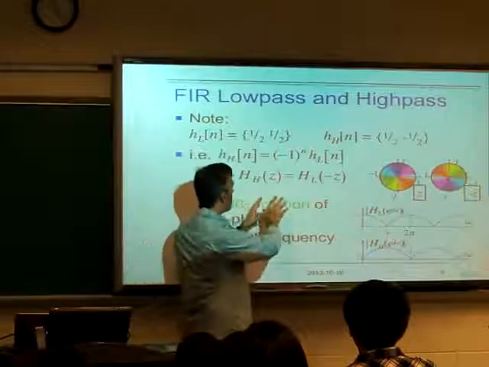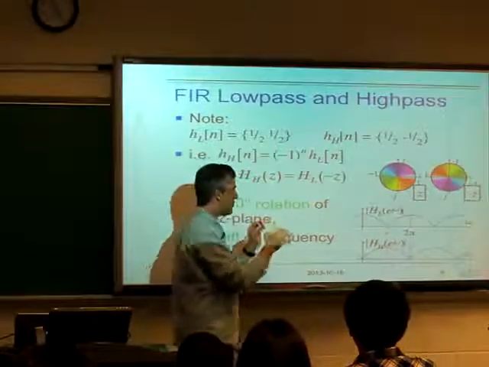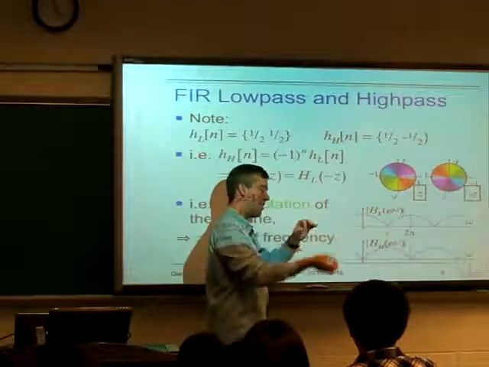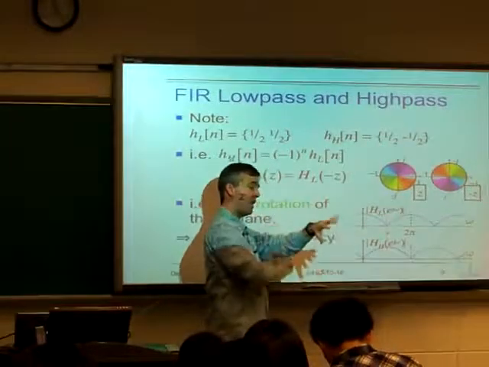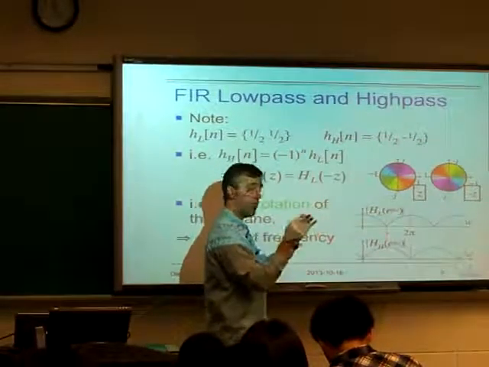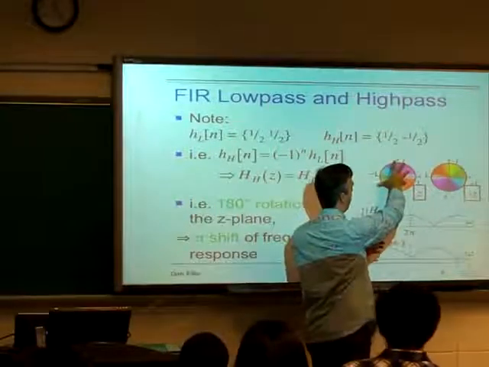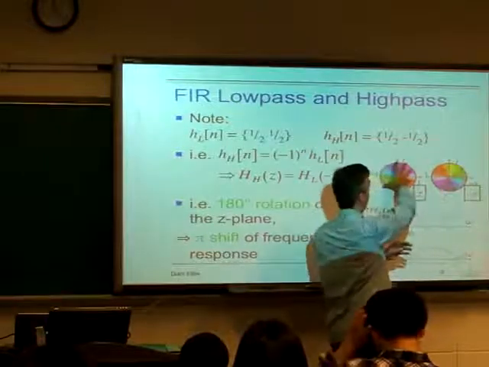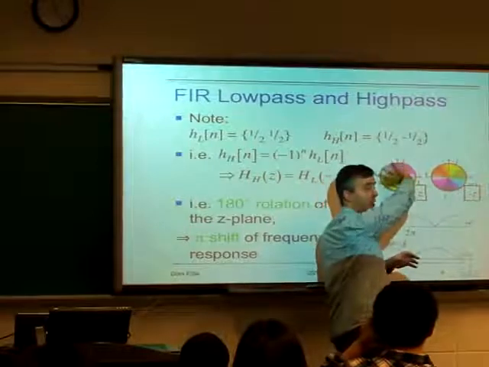What that means is that to get the value of HH for some point on the z-plane, I could go to my HL on the z-plane. I just take the negative of z, which is to flip it in the real axis and flip it in the imaginary axis, and then just read off the value. So if I have the entire HL plane here, I can build the entire HH plane just by flipping and then flipping, which is actually the same as a 180-degree rotation.